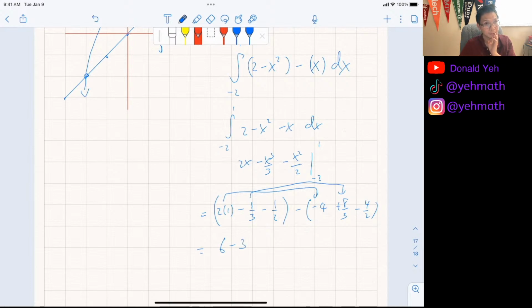Because the -1/3 plus, wait, is that minus or plus? Minus. So it would be negative 9, I mean -3. Yeah. And then it's going to be plus what? Plus 1/2 plus 2, so it'll be 1.5, right? So that's 4.5. Yes, 9/2 is the answer.